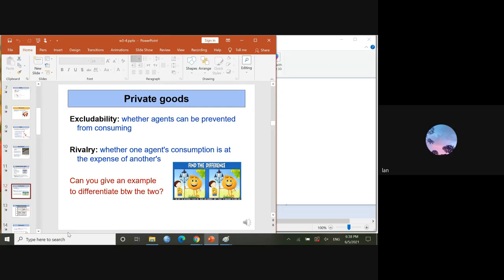Okay, tell me. Like the car for the people. I buy this car, another person can buy this one. So I think that is a rivalry, right? And exclusivity.